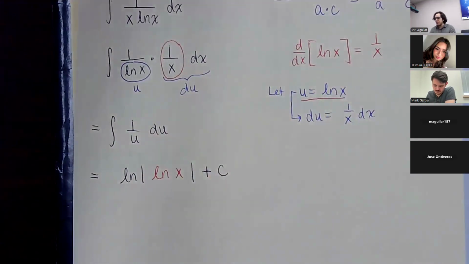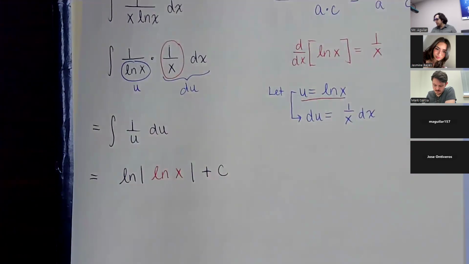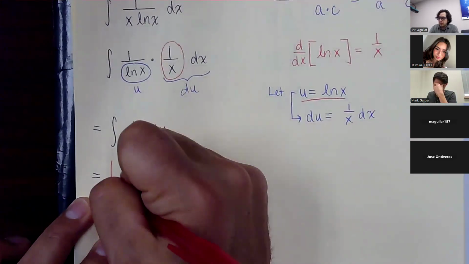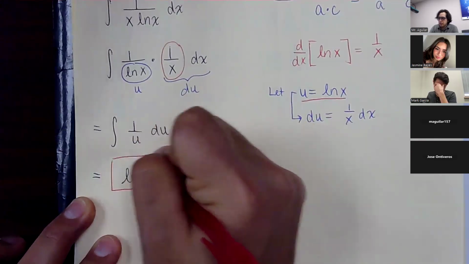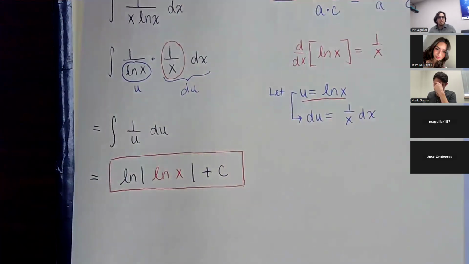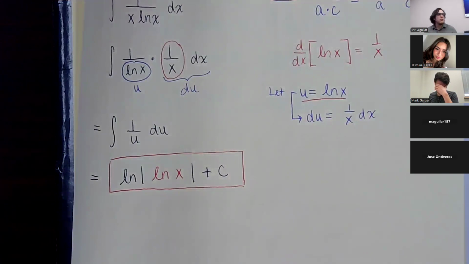Just plugging that u in, okay? And that's it. Kind of weird that we have a natural log inside of a natural log, but that's what the rules prescribe for us, right? So you have to learn how to trust the process. We have our u substitution, we plug the u back in, and it doesn't matter how complicated that u was, it goes back in, okay?